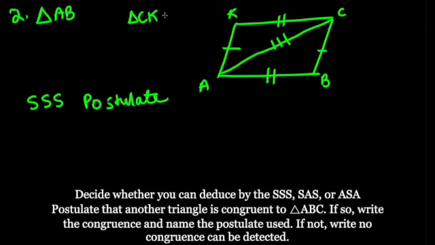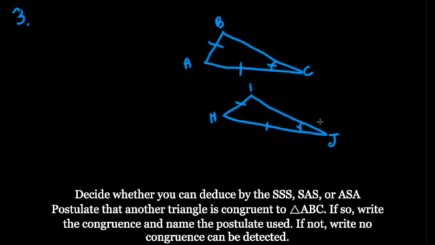Next, we're going to go from B to C, which is the side that only has one dash. The side for the other triangle that only has one dash is side KA. So now that we've labeled our two triangles, we can say that triangle ABC is congruent to triangle CKA by the SSS postulate.